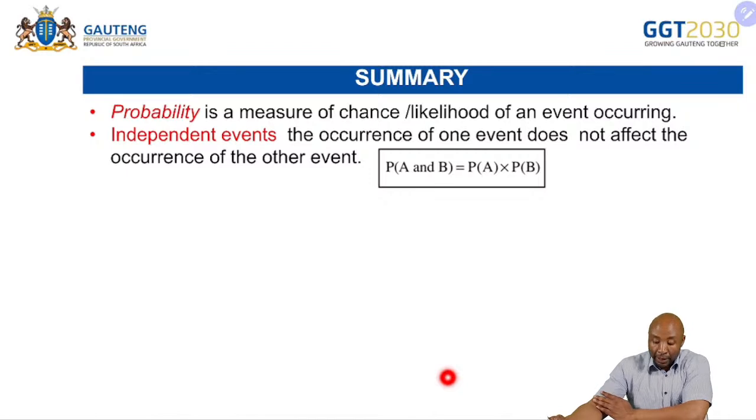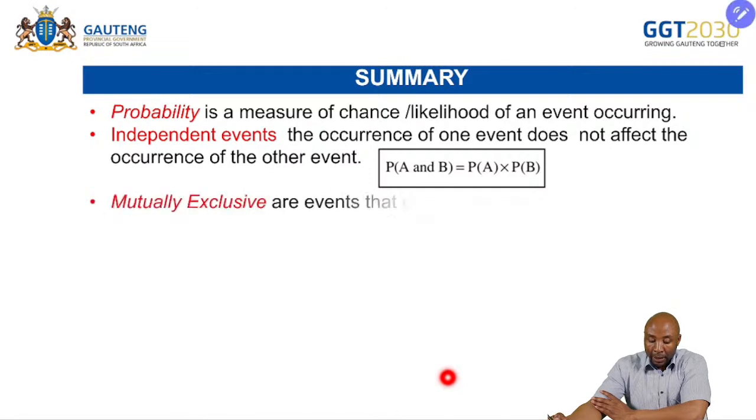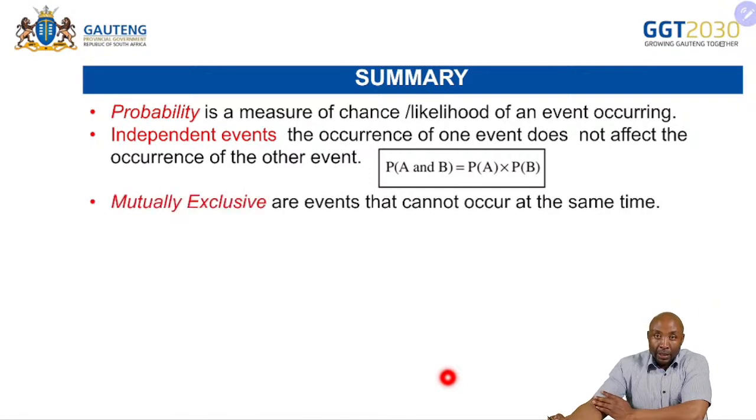If the events are independent, the probability of A and B must be the same as the product on the right hand side, exactly the same, not rounded off. They have to be exactly the same. And we mostly use this on our contingency tables.